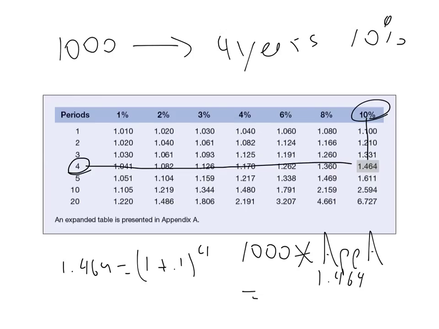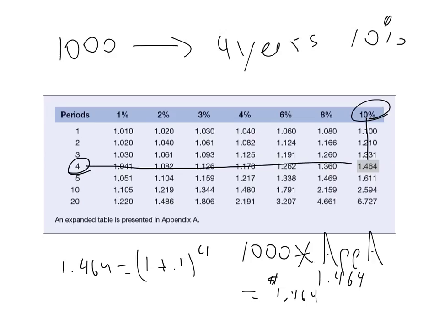And so after 4 years, our $1,000 will have grown to $1,464. $1,000 of that is the principal that we're responsible for. The other $464 is the interest earned that we receive from the bank.